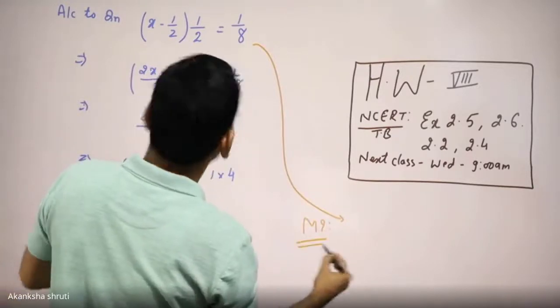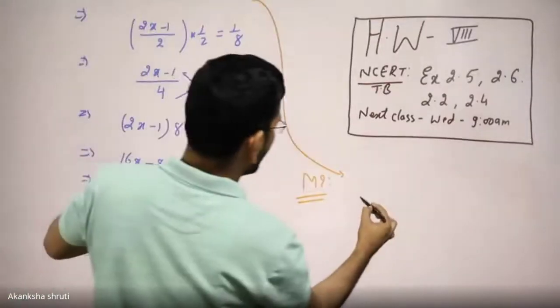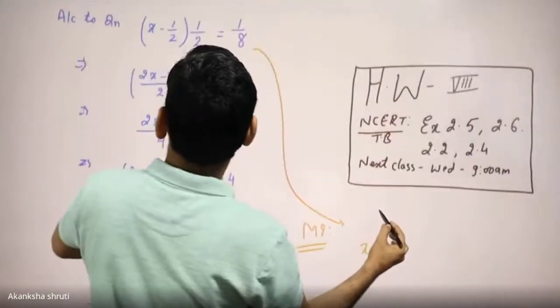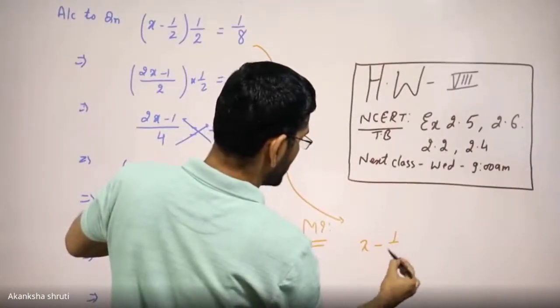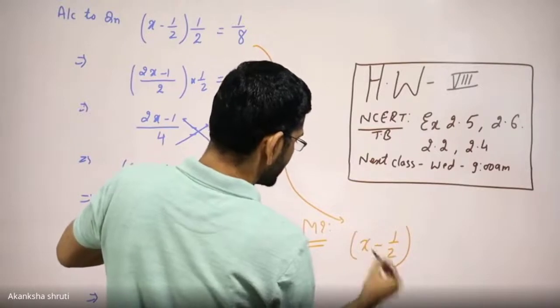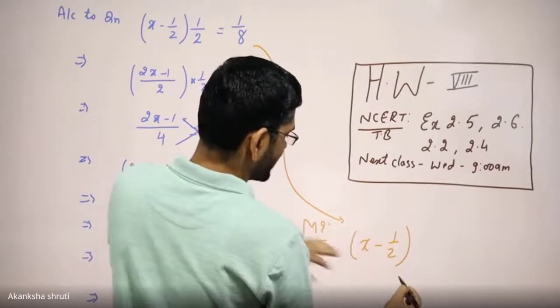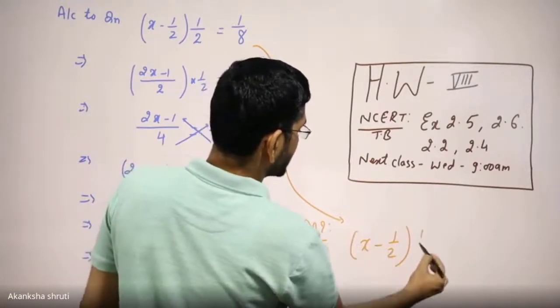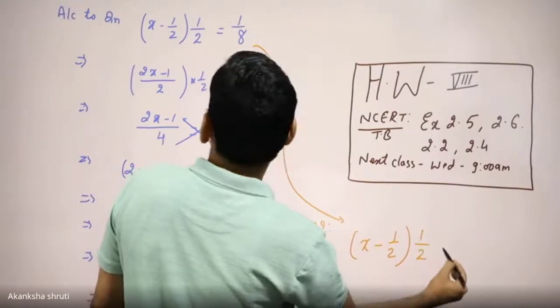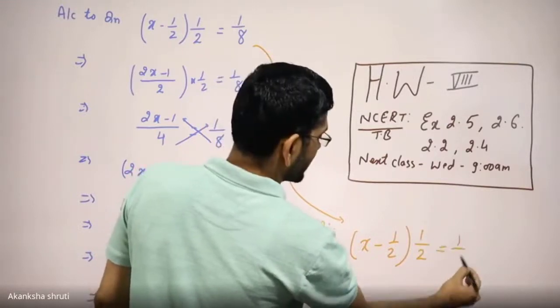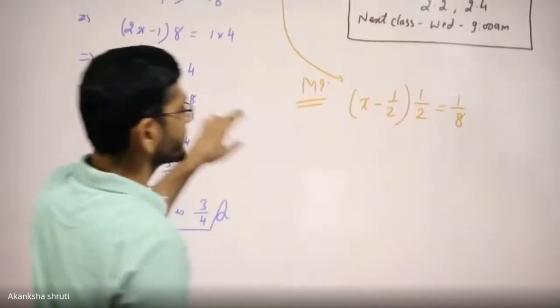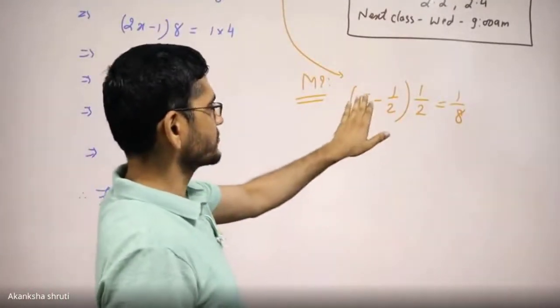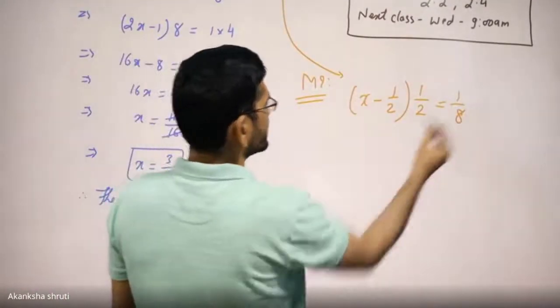See this? It is x minus 1 by 2, which means 1 by 2 is subtracted from the unknown, multiplied by 1 by 2. This is giving us 1 by 8. See, students, here x is at one place, so we may keep it. How? Let us go for the cross multiplication.